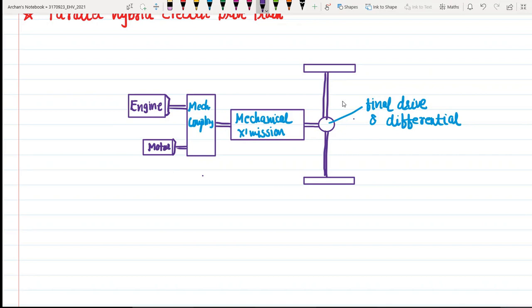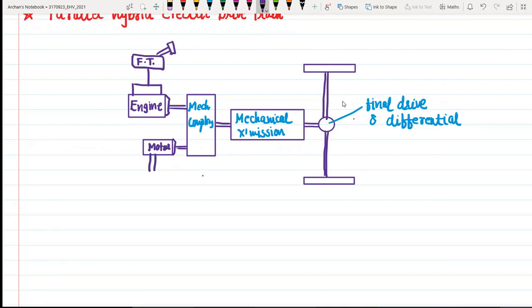The IC engine is directly powered by a fuel tank, gasoline or diesel maybe. So here is our fuel tank. This FT represents the fuel tank. Talking about the motor, we have a three-phase motor. It may be an AC motor or a DC motor.